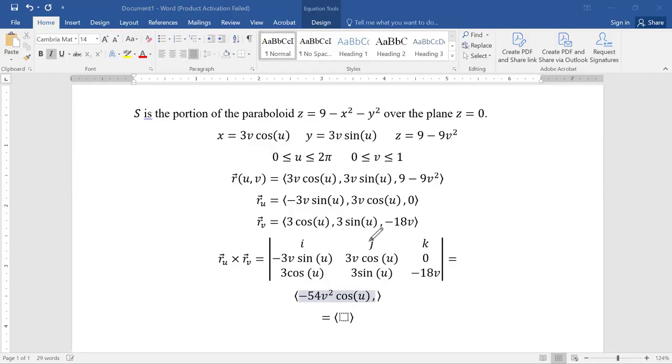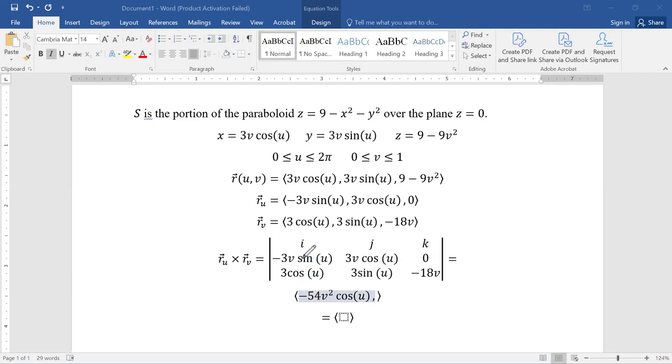When I do the j, I eliminate the row and the column, and then I take this times negative 18v, 0 times 3 cosine of u. I know that's ugly there.